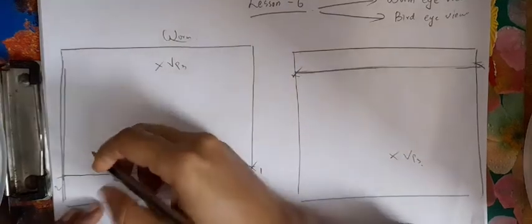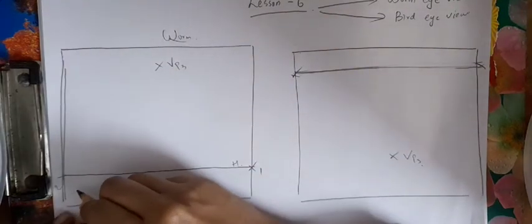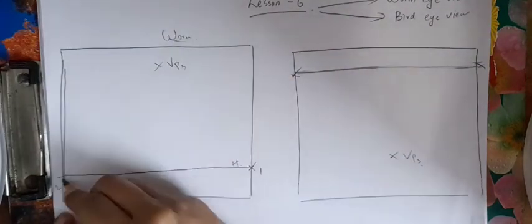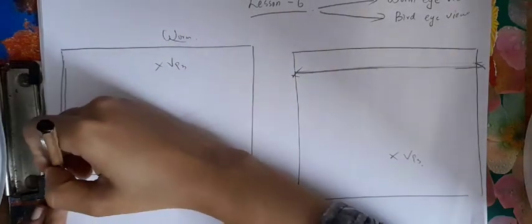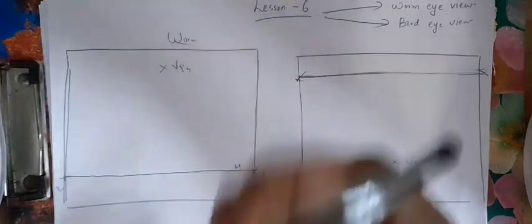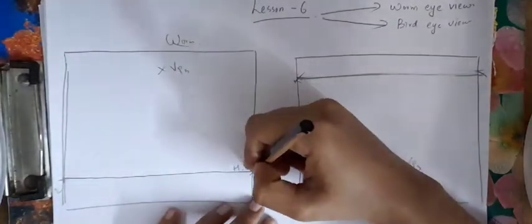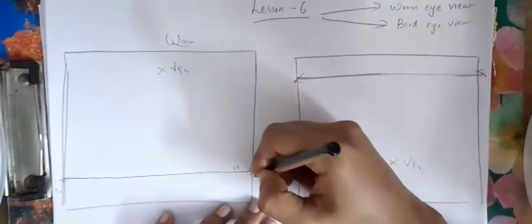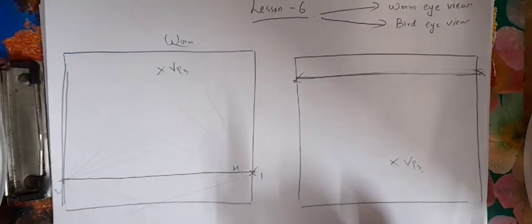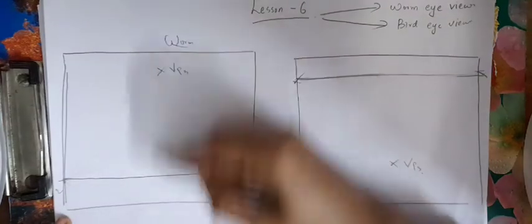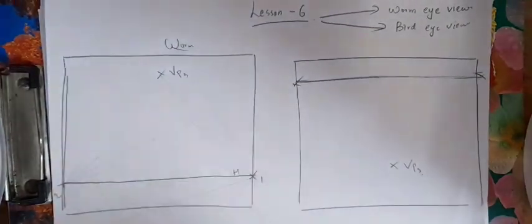So drawing for worm eye view, we can draw some guidelines like this prior to, or when you are drawing continuously, you can draw guidelines before drawing the main part. Now, drawing a building.